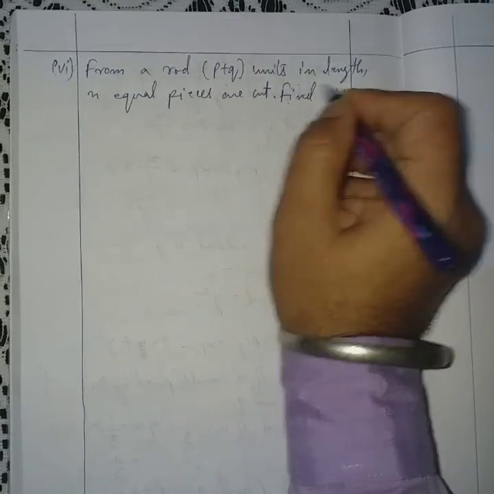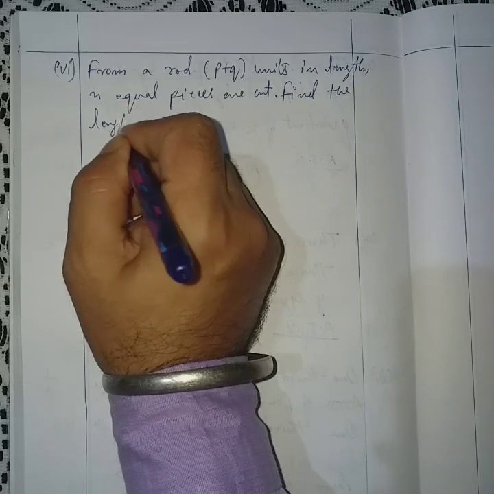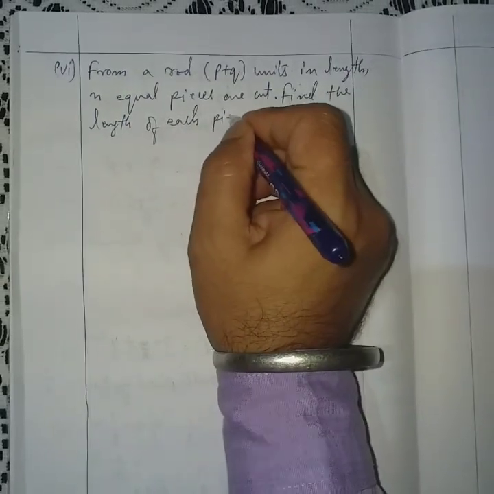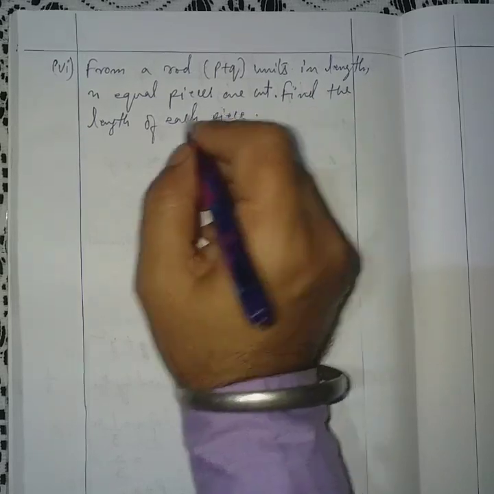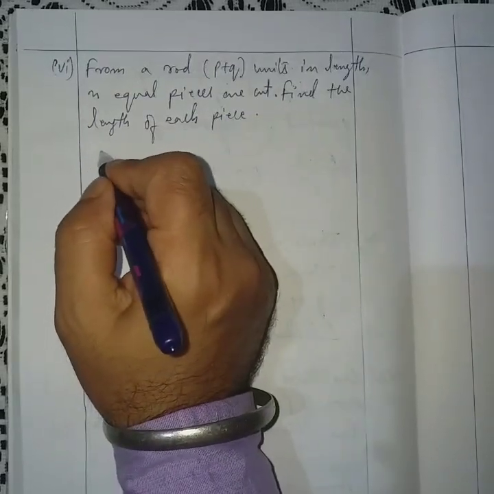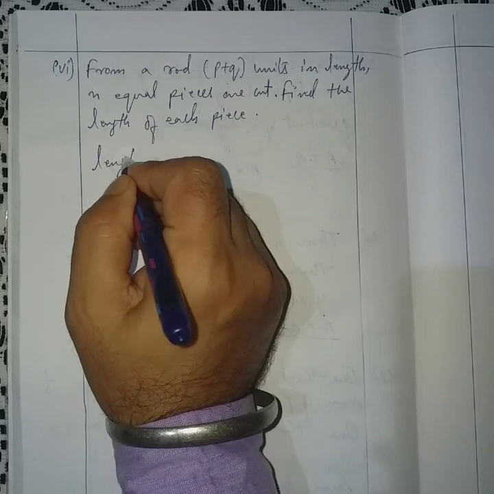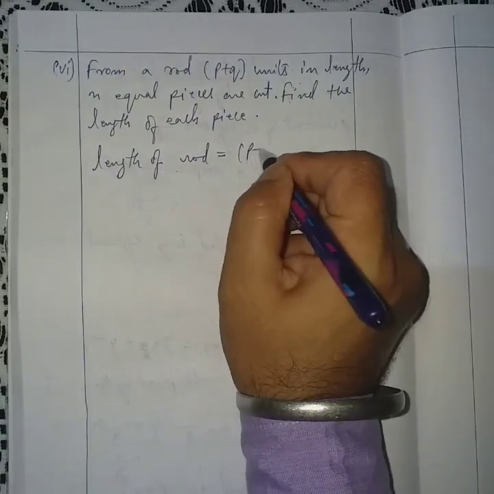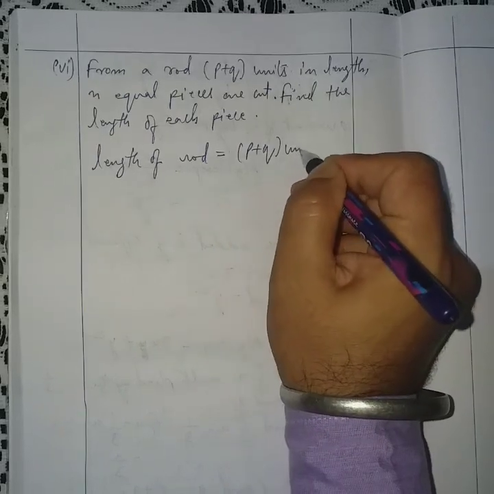Find the length of each piece. Okay, so the length of the rod here is given: length of rod is equal to p plus q units.